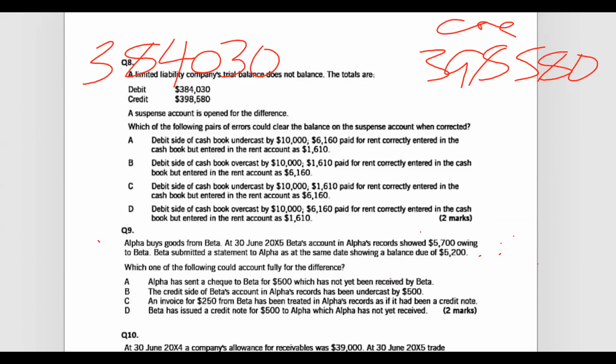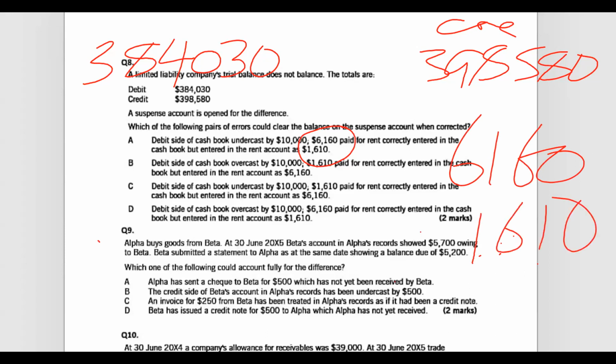Okay, let me start from the error of transposition. We said that is when the numbers swap, the characters in the number swap. So we have 60160, and this is 1610. Can this be a transposition error? Have these numbers swapped when you look at them?